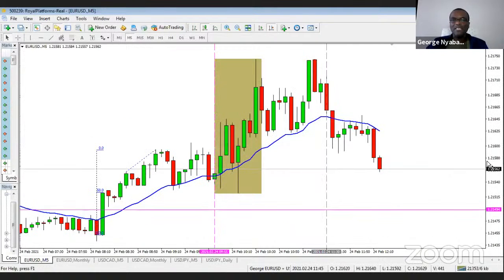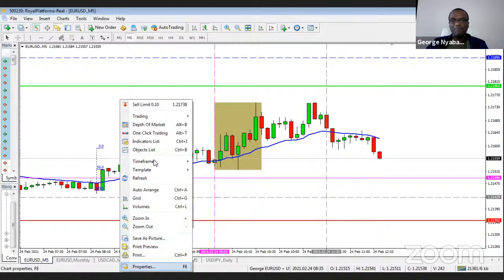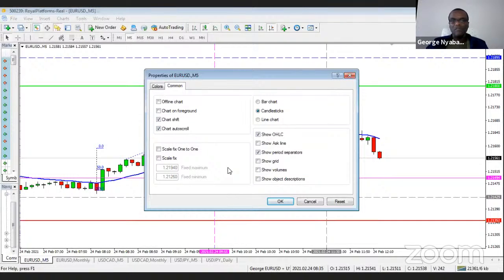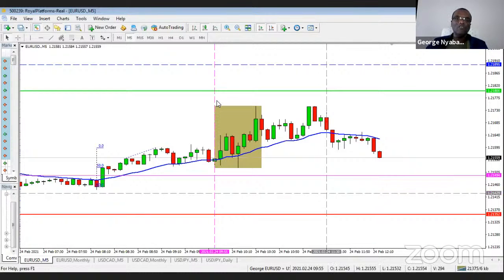So at this stage, I just want you to bear in mind these three things. Mark the open of the trading session, and mark the 18th bar, the 18th candle, which is 90 minutes, 1.5 hours later, because it gives me a sense of what has happened in the first 18 bars, 1.5 hours.